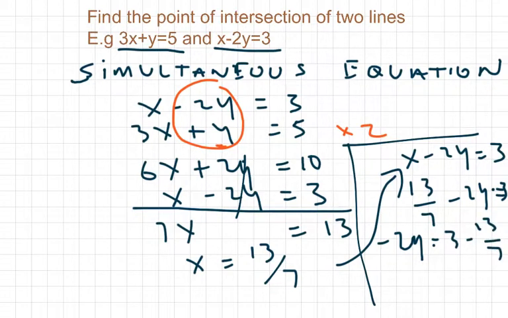Put it into the calculator, guys. I know that 3, by the way, is equal to 21 over 7. So 21 over 7 minus 13 over 7 is 8 over 7. So minus 2y is equal to 8 over 7, and so y is equal to minus 8 over 14.